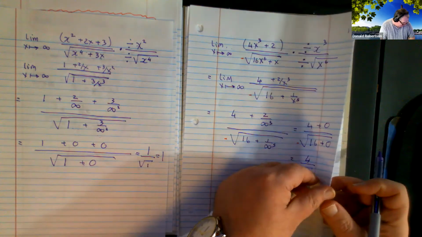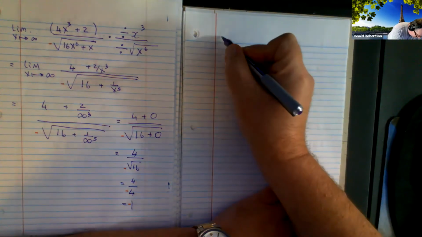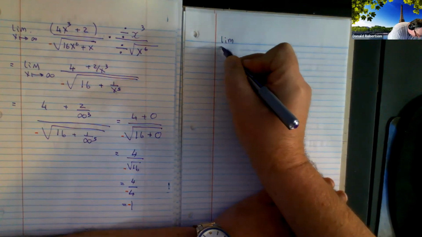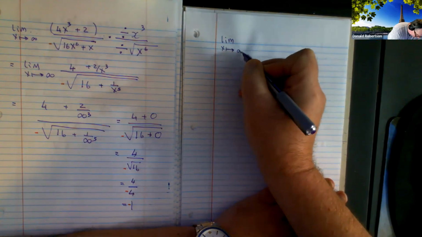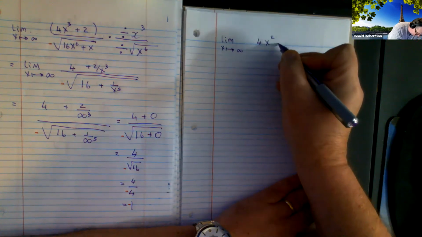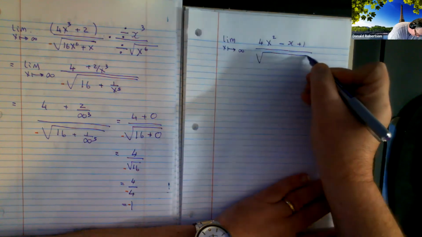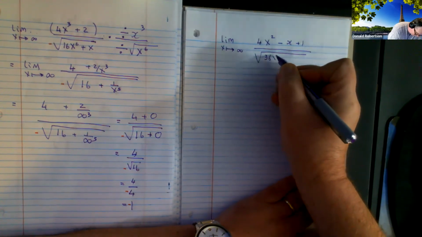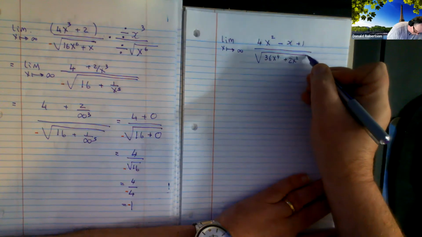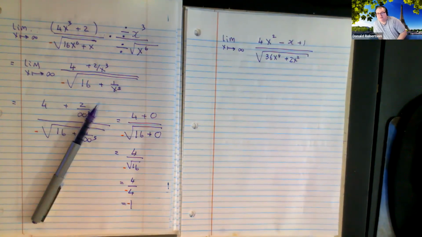I tell you what, why don't I give you one to try yourself, and that'll give me a good idea that things are going well. So here is the limit as x tends to infinity. You've got 2 minutes. Find the limit of that ugly fraction.